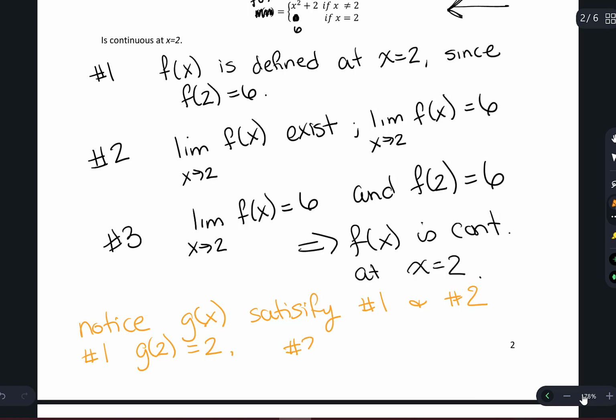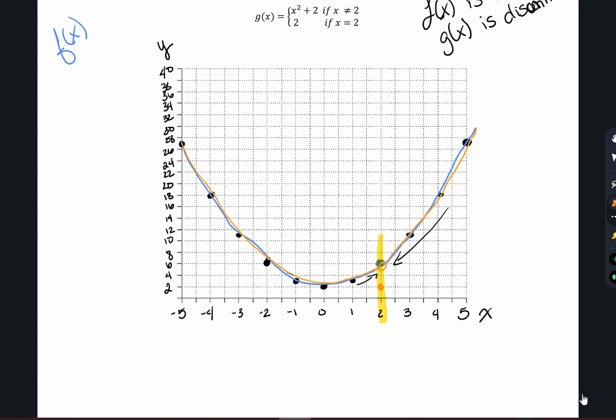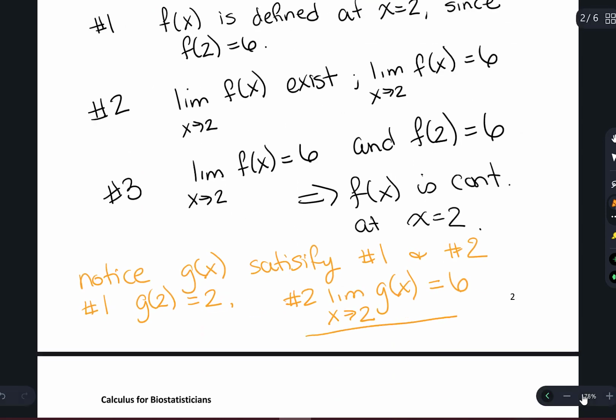But if we look at number 2, the limit as x approaches 2 of g of x exists and it is equal to 6. And we can see that again looking at the graph. As we come from the left, the orange line is approaching 6. And as we come from the right, the orange line is also approaching 6. So the limit of g exists, but the limit in 2 is not equal to the value in 1, so condition 3 is not satisfied, and g of x is discontinuous.